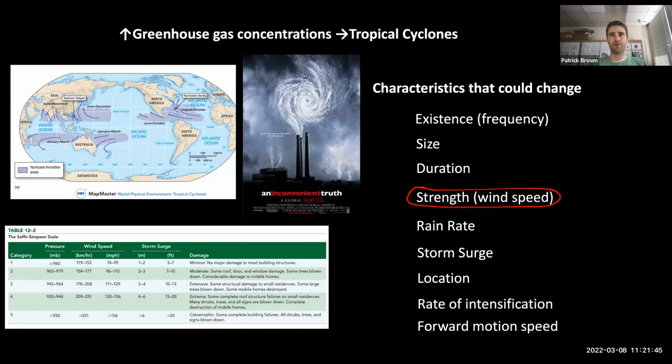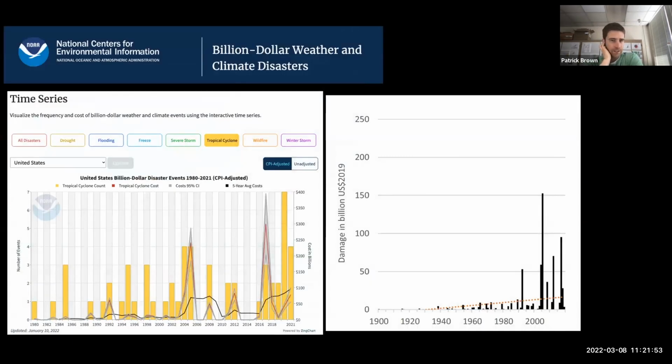And I want to point out that if you pay attention to these things in the news, you'll see a lot of citations of the economic damage caused by hurricanes and how that's increasing by a lot. This is, again, from that NOAA billion-dollar disaster analysis.